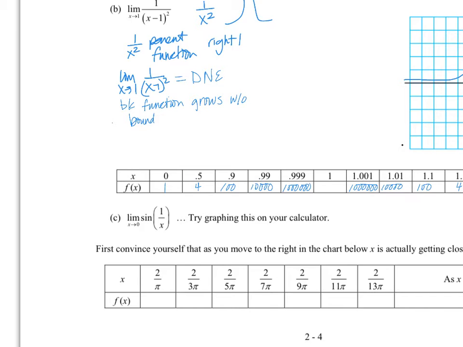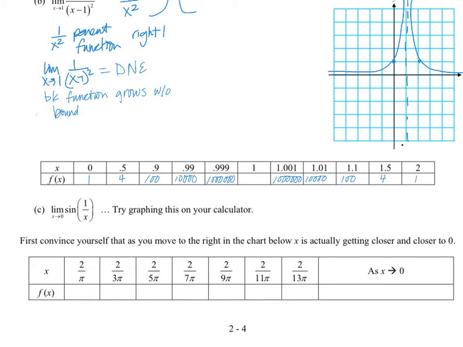So first convince yourself that as you move to the right in the chart below, x is actually getting closer and closer to 0. The top is staying the same, and the bottom is growing this time, so the numbers are getting smaller.